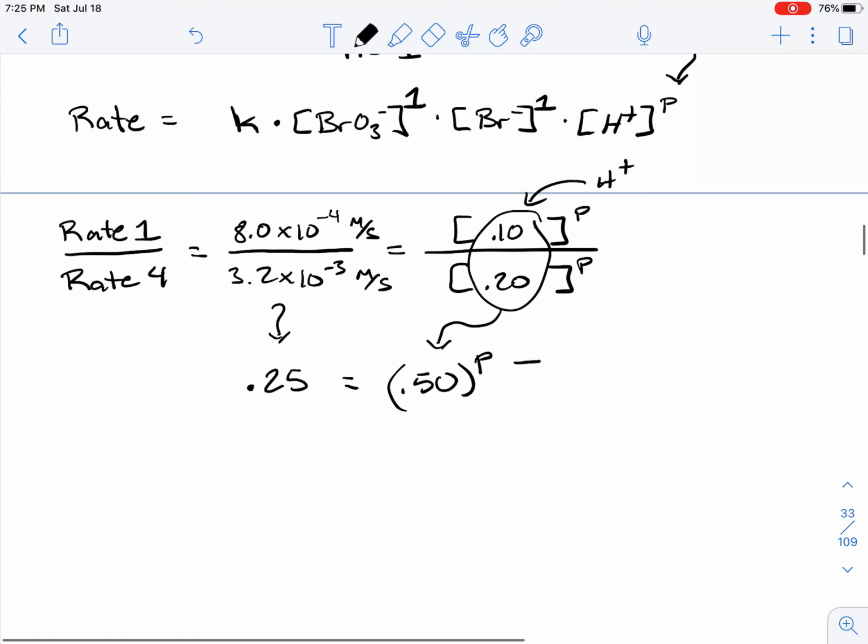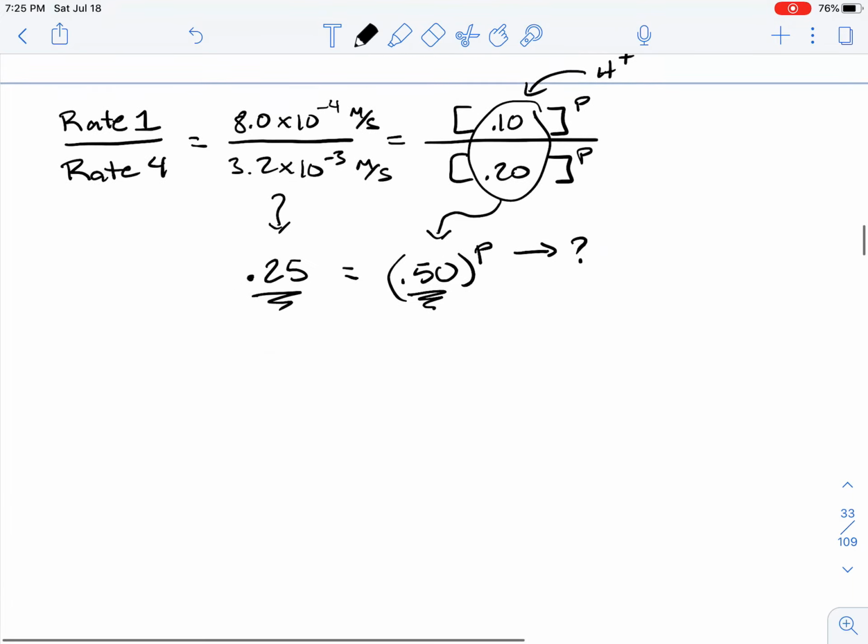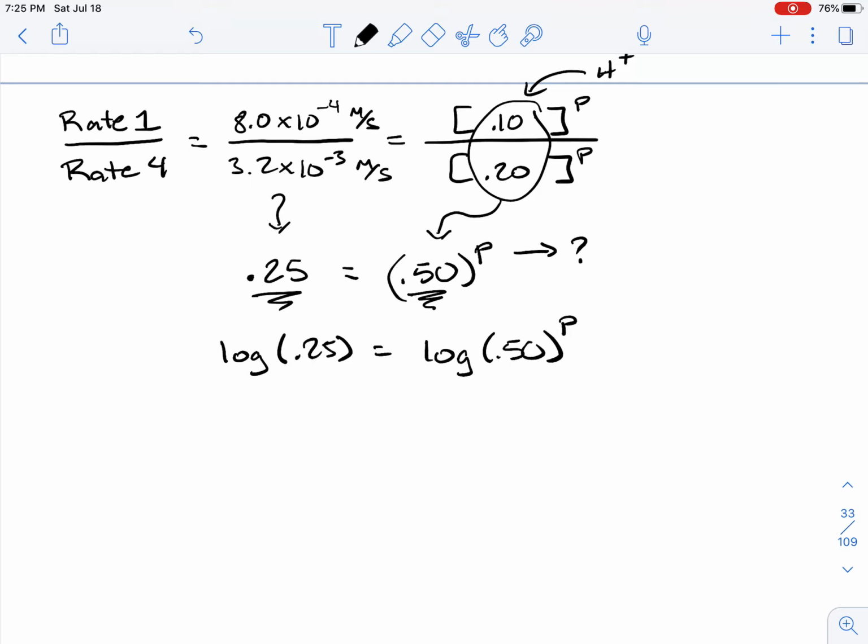And so once again, you can ask yourself what value of this exponent p will allow 0.50 to equal 0.25. And if you don't know that off the top of your head, that's okay. You can use rules of logs to help you solve for the value of p. And so I'm going to take the log of 0.25 and make that equal to the log of 0.50 raised to the p power.